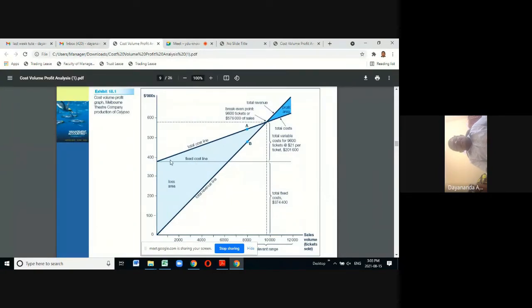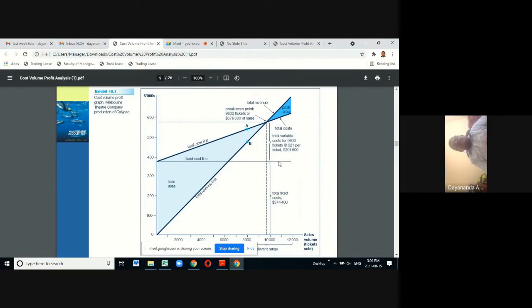And you will realize by drawing this fixed cost line that whether you produce zero, or 2,000, 4,000, 6,000, 8,000, or 10,000, the fixed cost remains the same. Okay.